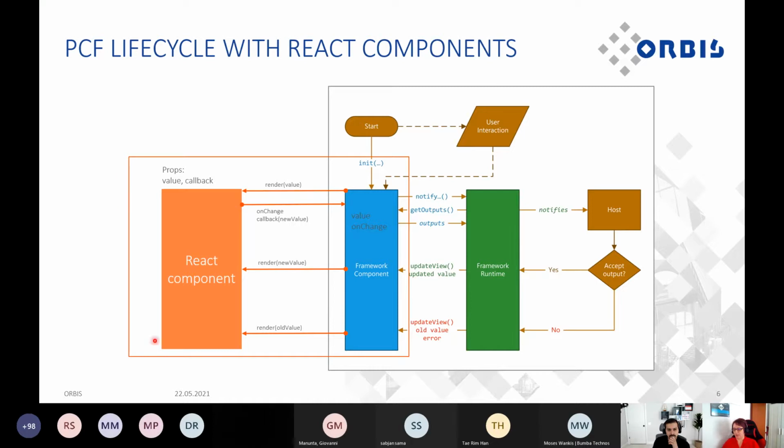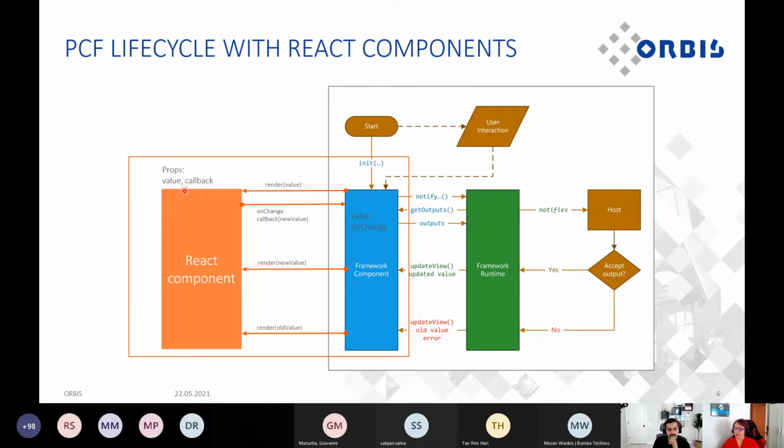But if I have my own React component in the PCF itself, I only hold the value and the onChange callback, and my React component is only based on the value and callback, and of course some other properties, but the value is just a prop.